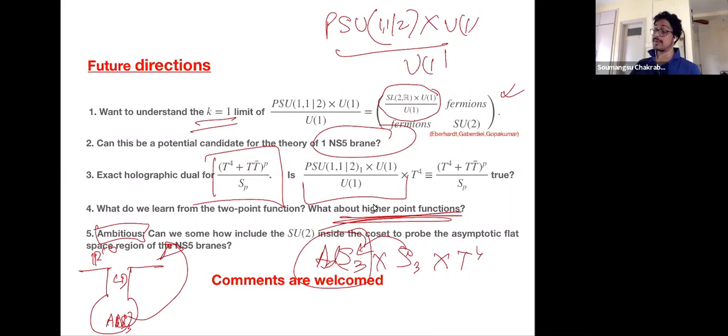Maybe bringing this S3 here, because the radius of S3 blows up when you go to the flat space region. It's not a decoupled system anymore. This thing just scales with the radius, the distance from the NS5 branes. So I don't know how it can be done. I'd love to hear if anybody has any comments on these things, and else I'm done.